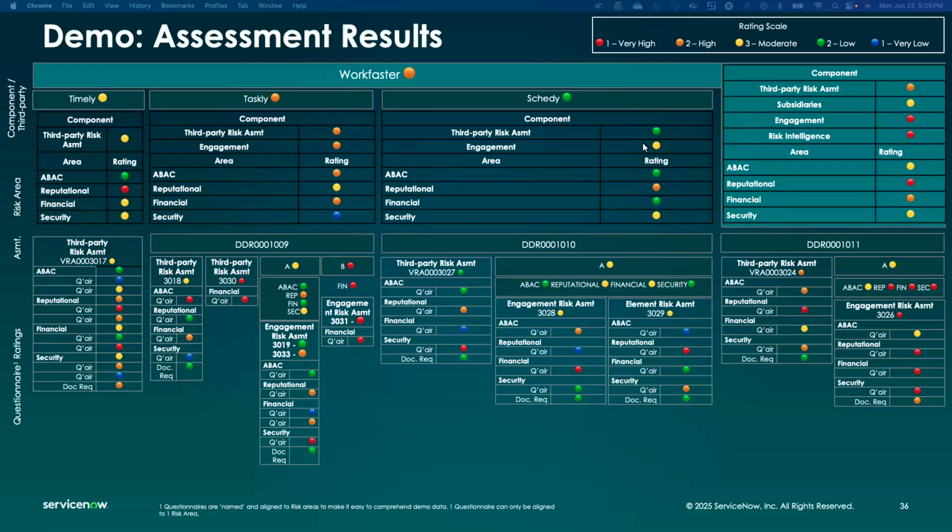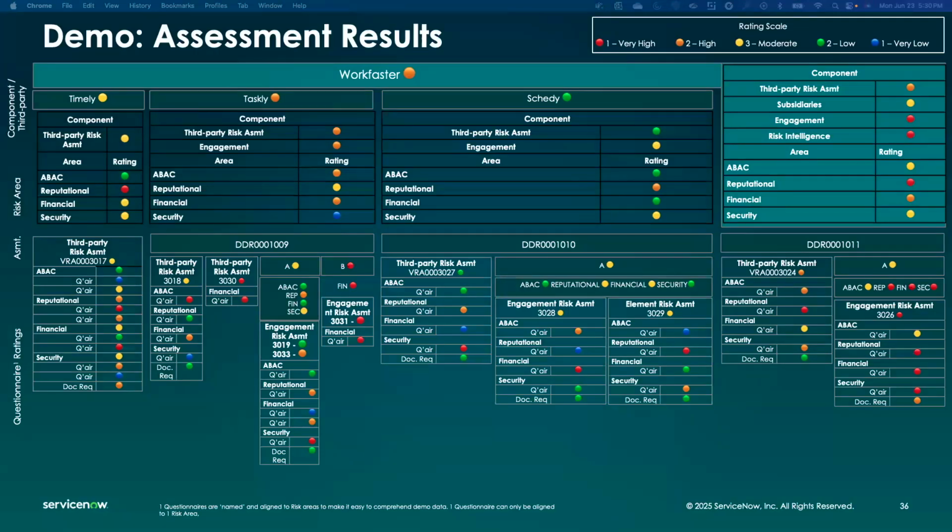This is a slightly different setup compared to what we have reviewed for Timely and Taskly. In Timely, we only had one assessment. For Taskly, we had third-party risk assessment and engagements, but notice for engagements, we had only engagement risk assessments. Here, the difference is we also have an element risk assessment in the mix.